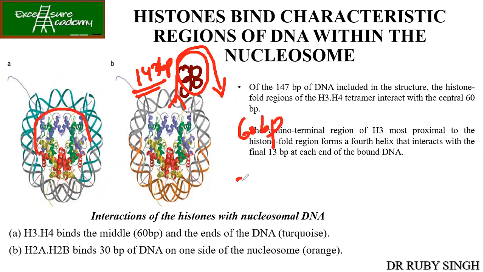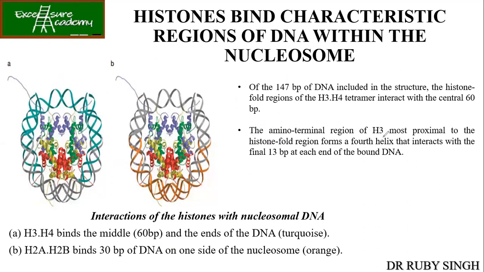And the other around 30 base pair is there where H2A and H2B are interacting. Okay. So the amino-terminal region of H3, most proximal to the histone fold, forms a fourth helix and interacts with the final 30 base pair at each end of the DNA bound. So totally around 60, 30, and then 13 base pairs are directly bound with the histones involved in the nucleosomes.